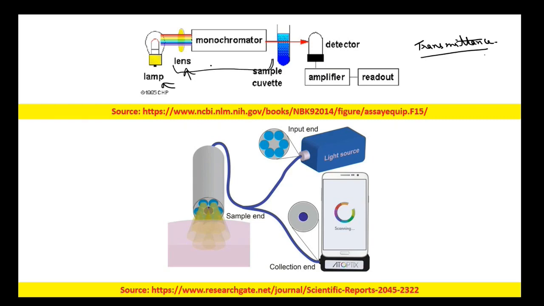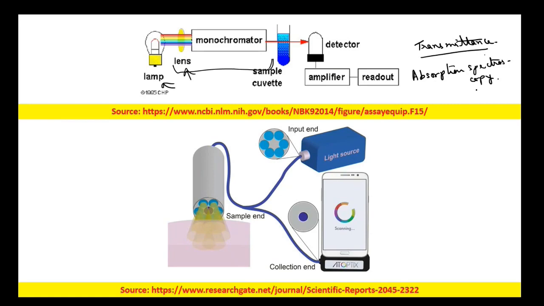Both of these form the optical system. Then you have the sample cuvette, detector, amplifier, and readout. This kind of system is called absorption spectroscopy. This method is called absorption spectroscopy, and the instrument is called an absorption spectrophotometer.